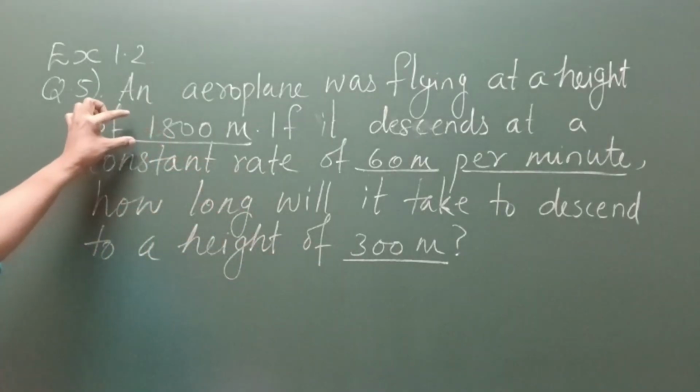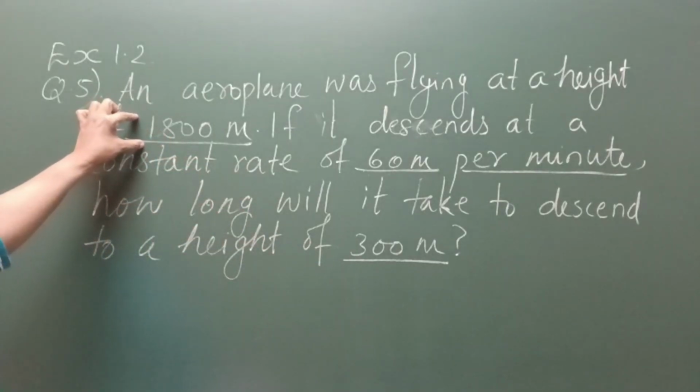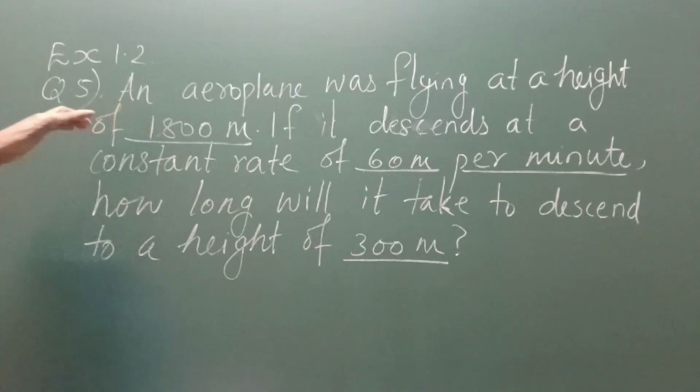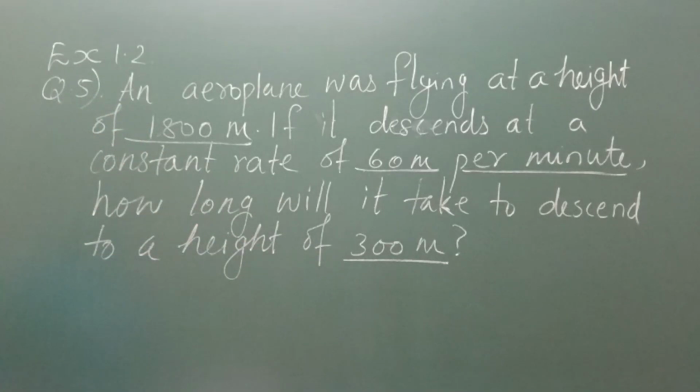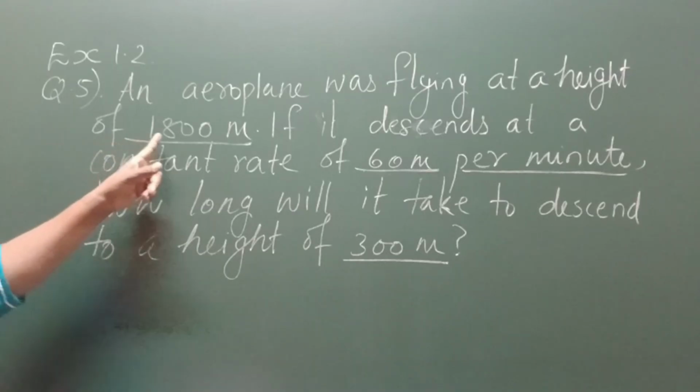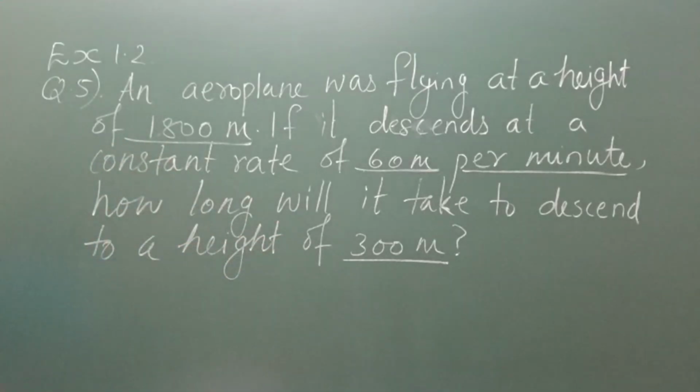From 1800 meter the plane has to descend to 300 meter. So first we need to find the difference between these two heights, that is the distance.